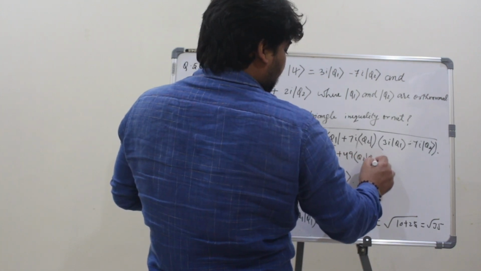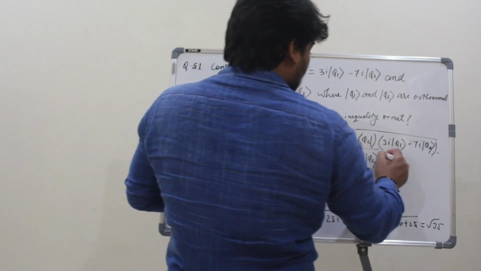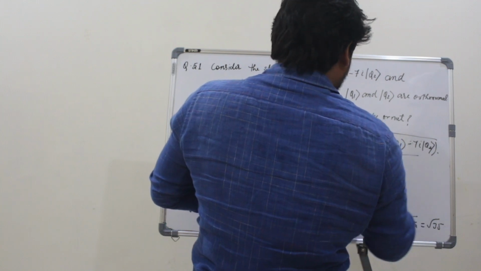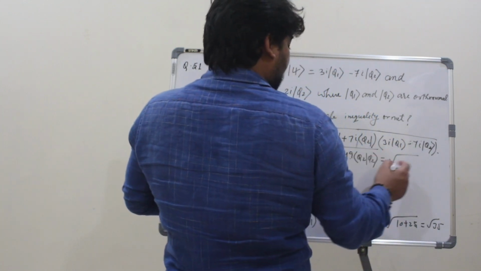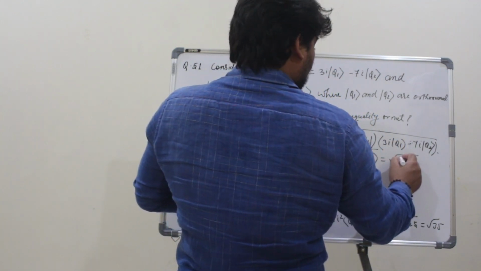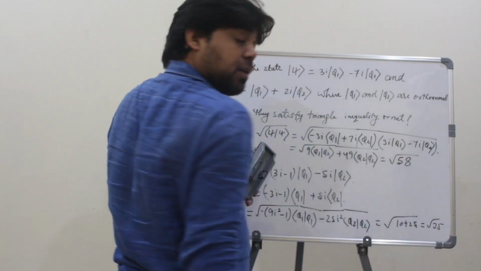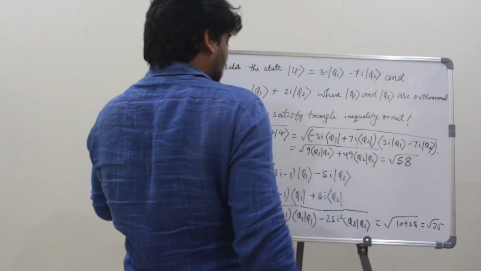So it gives you root of 9 plus 49, which is root 58. So this is the norm of psi.